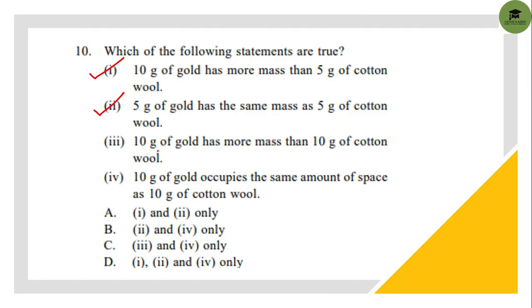Option 3, 10 gram of gold has more mass than 10 gram of cotton wool. No, this is wrong. They have the same mass. Option 4, 10 gram of gold occupies the same amount of space as 10 gram of cotton wool. This is also not correct. 10 gram of cotton wool occupies more space than 10 gram of gold. So your option 1 and option 2 are the correct ones. So your option A is your correct answer.